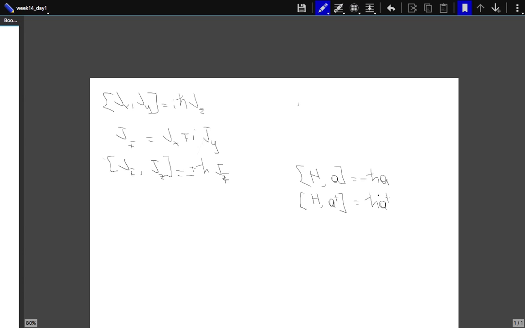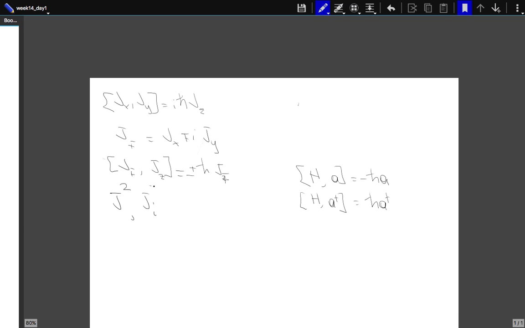When we looked at the commutator with the Hamiltonian, we obtained the same operator with a coefficient, and that coefficient was nothing but how much that operator changed the eigenvalue. It was just like that in the case of the rotation operators. We had J plus and minus commutator with Jz was nothing but the original operator J plus or minus with some coefficient which determined how the eigenvalue of Jz changes.